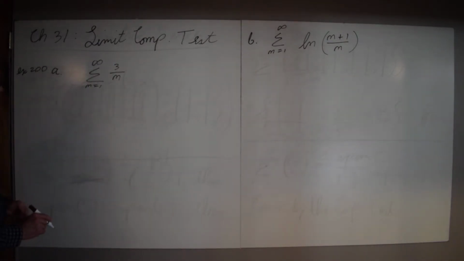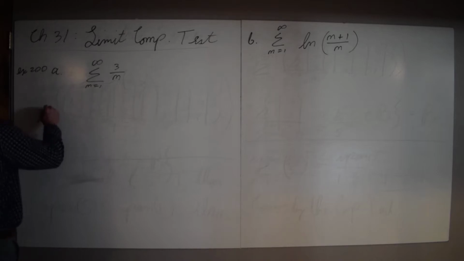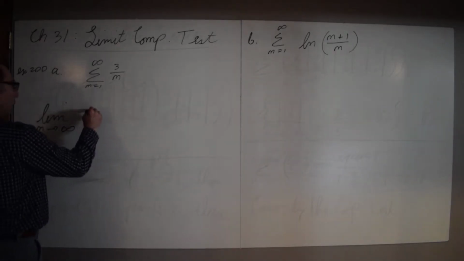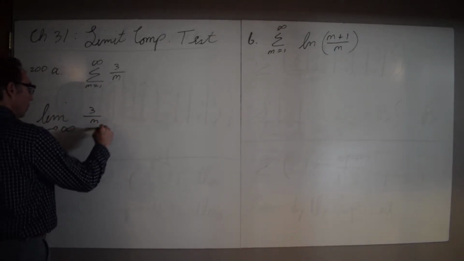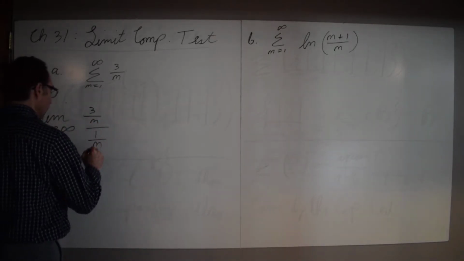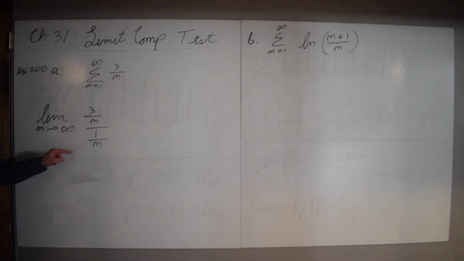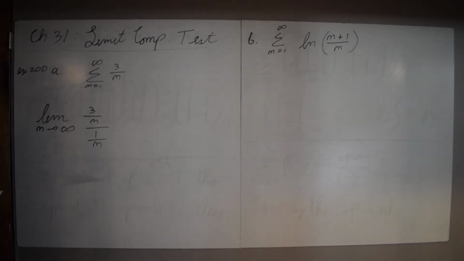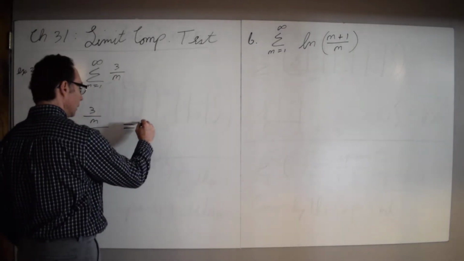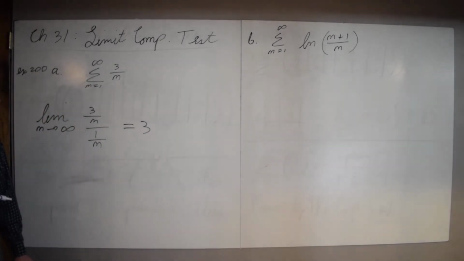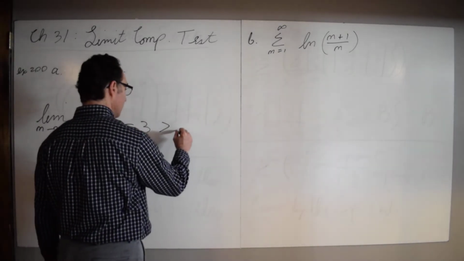So we'll apply the limit comparison test by calculating this limit. The limit as n goes to infinity of 3 divided by n divided by 1 divided by n. This simplifies nicely. This limit is 3, which is greater than 0.